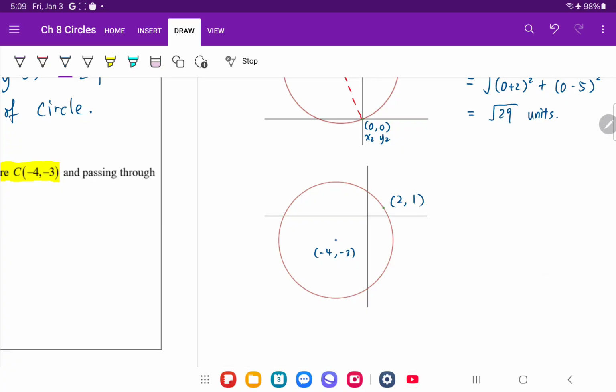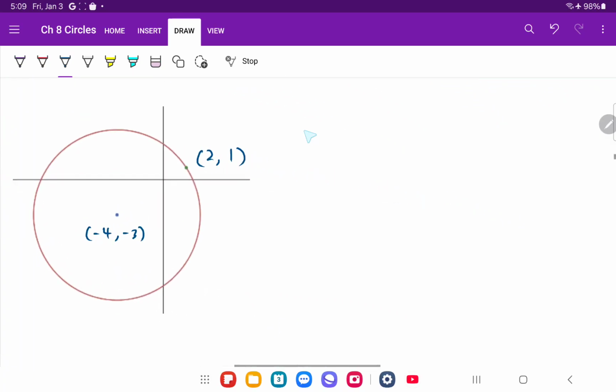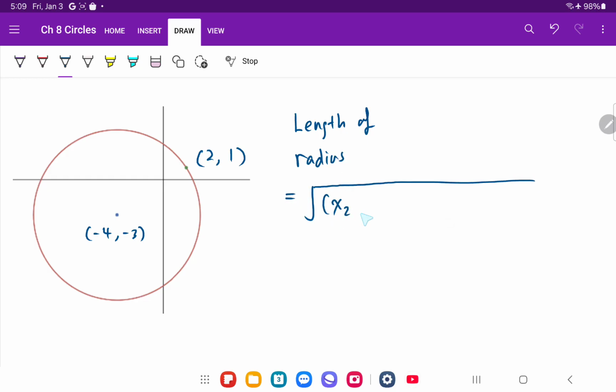So that means that because they didn't give us the radius, let's calculate the length of radius. Equals square root. Okay, this one you can do it by yourself. x2 minus x1 square plus y2 minus y1 square. Pick your x1, y1, x2, y2.